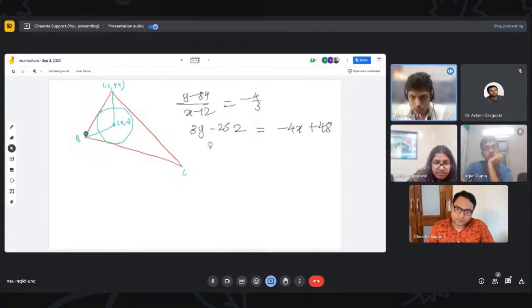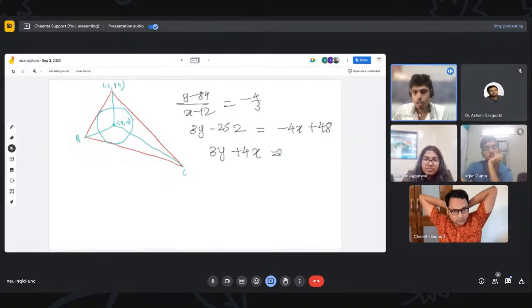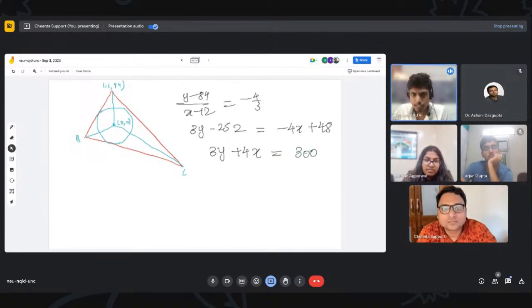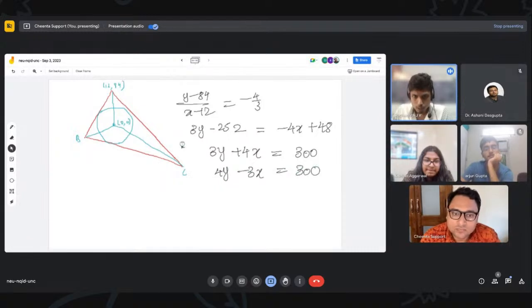So 3y plus 4x is equal to 252 plus 48. Wow, 300, the same number. And here we have 4y minus 3x is equal to 300. This is corresponding to AB and this is corresponding to AC.